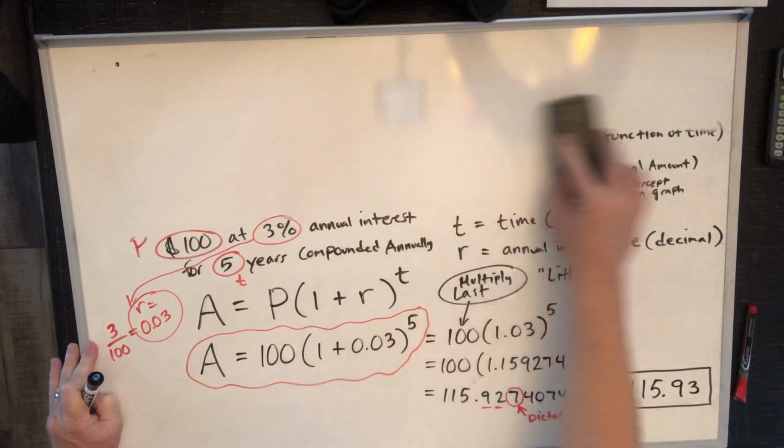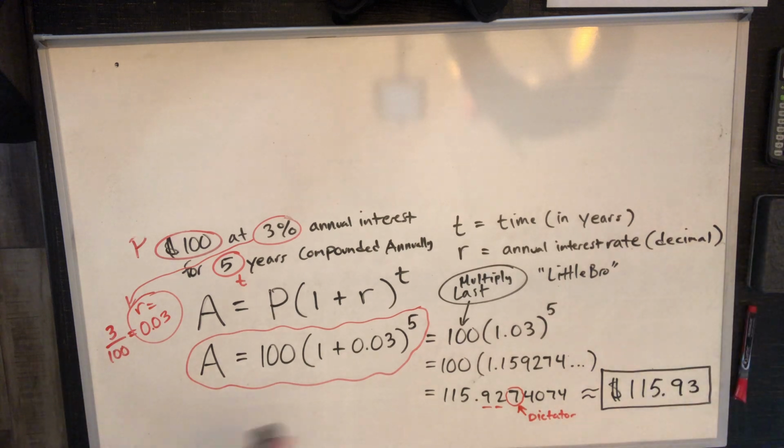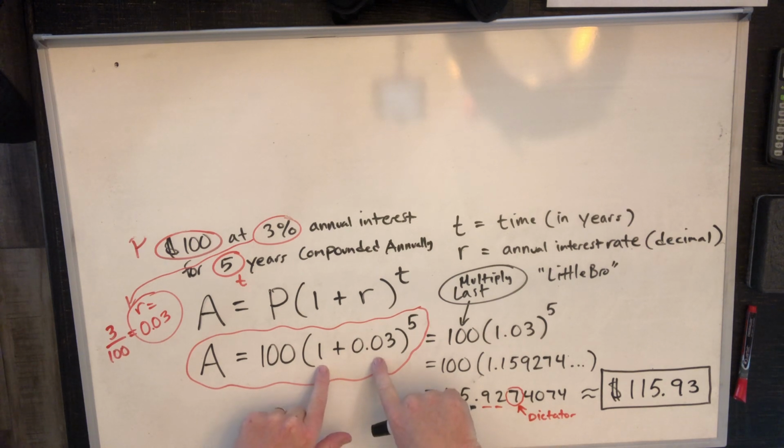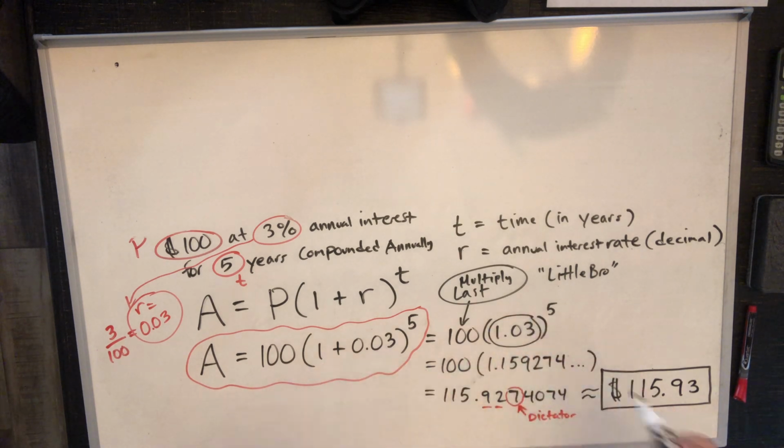The key to understanding exponential growth is that each year we're applying this factor of 1 plus 0.03, in other words 1.03. This factor happens every year.